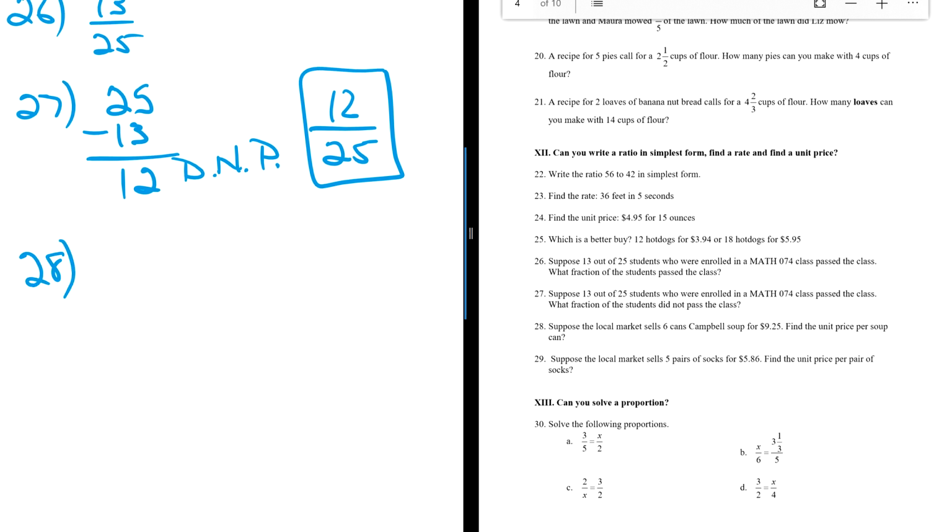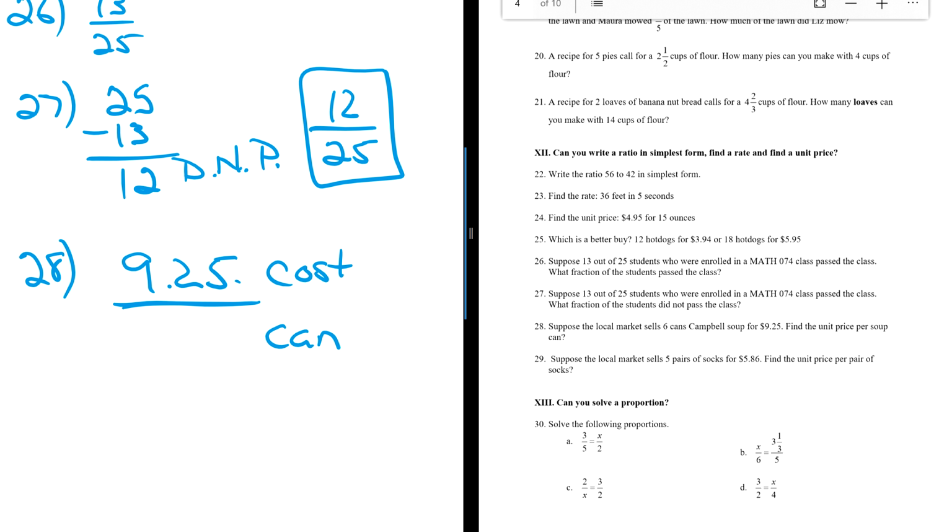Number 28. Suppose the local market sells 6 cans of Campbell's soup for $9.25. Find the unit price per soup can. All right, again, that's division. That's always the cost per can. That's how we think of this, cost per can.